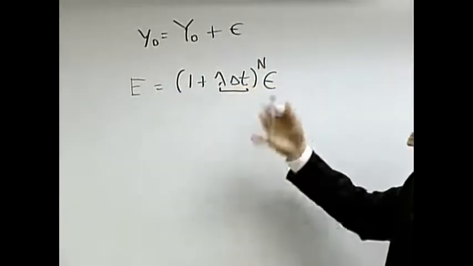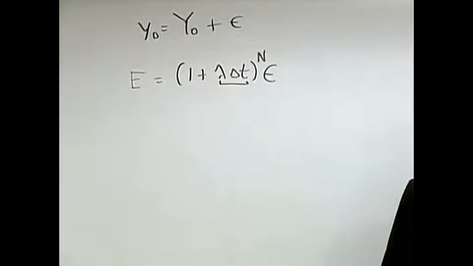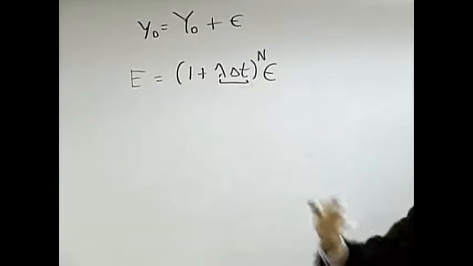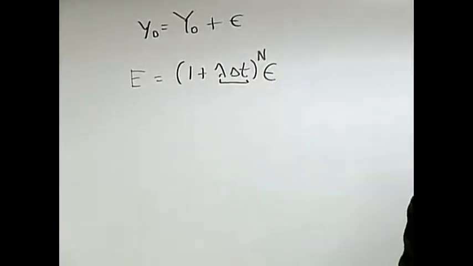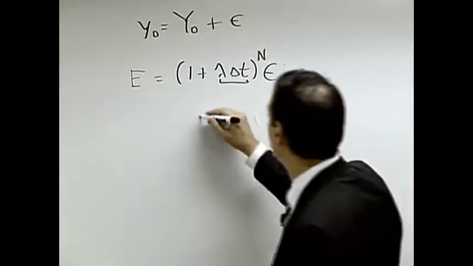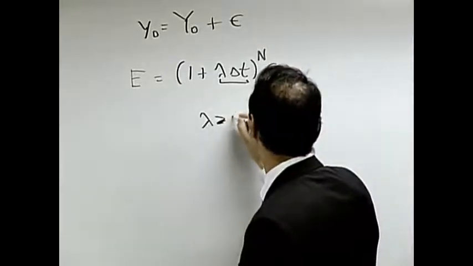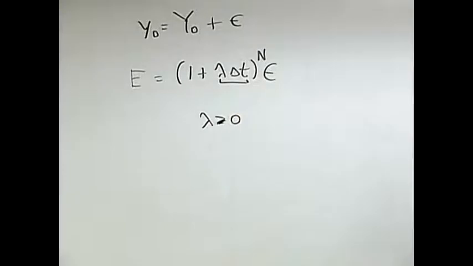And by the way, if that's bigger than 0, and presumably you're taking delta t to be a positive number, so if you have lambda which is positive, what happens to this number here? That thing goes to infinity. Okay? That's problematic. That's where we start having the idea of the unstable scheme.